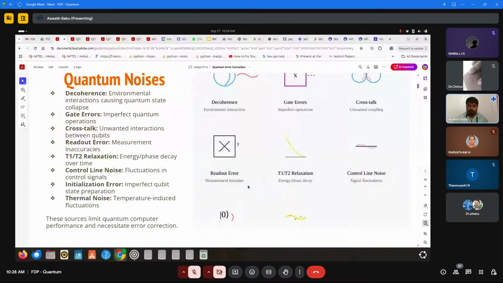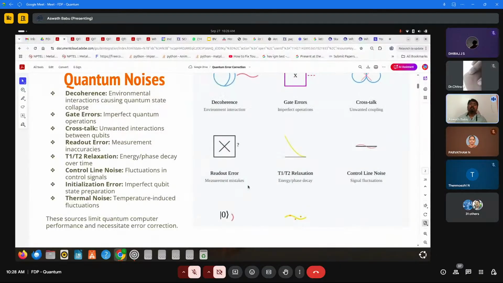That is a T1 error. And there is also T2 relaxation. The superposition state is supposed to exist for some time, that is the T2 time, but due to a problem in the system, T2 gets reduced to a smaller number. Again, the superposition is not there for me to do the full-fledged calculation which I meant in the first place.